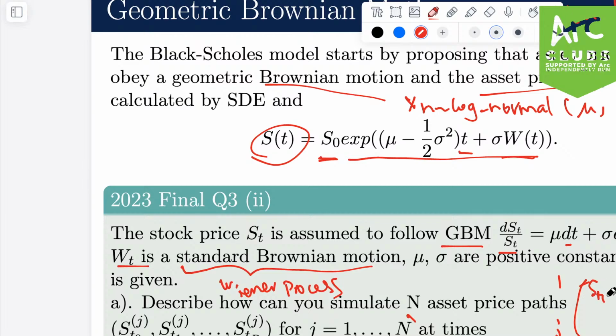We have ST0 of 1, ST0 of 2, until ST0 of j, which are the possible paths the asset price can be at time t0. And then we want ST1 of 1, ST1 of 2, until ST1 of j.